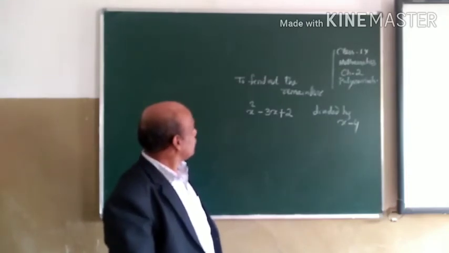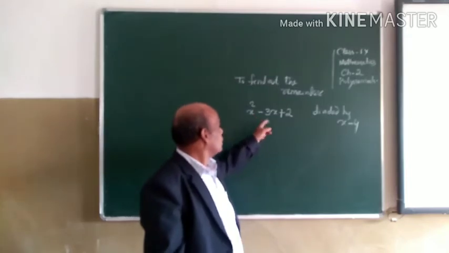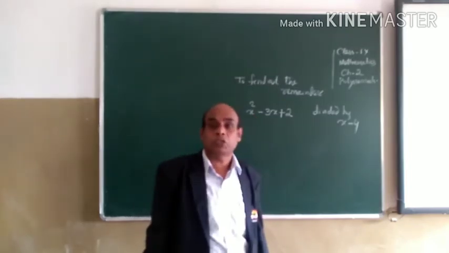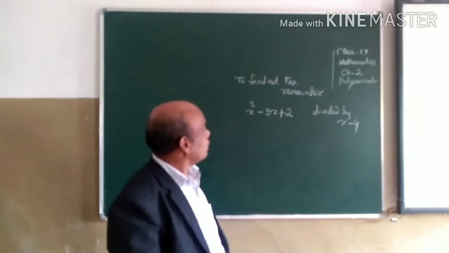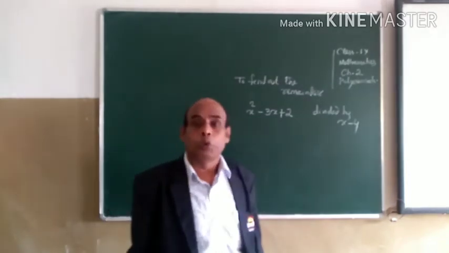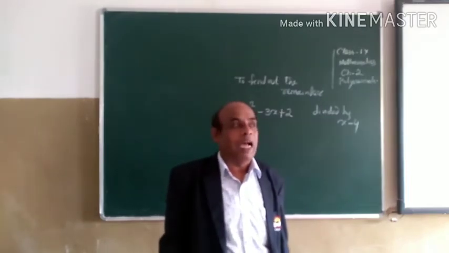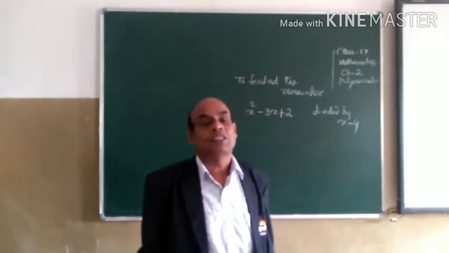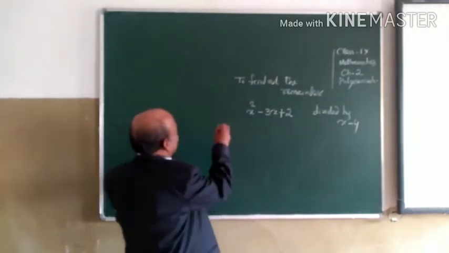Already given to you, the dividend is x square minus 3x plus 2, and the divisor is x minus 4. So without the division process, how can we find the remainder? We will write like this.